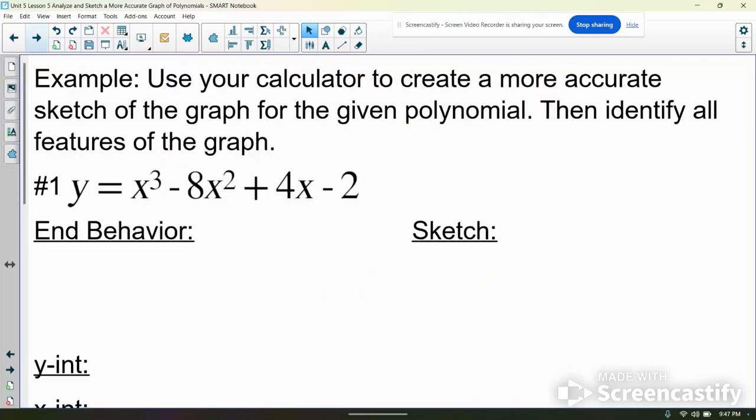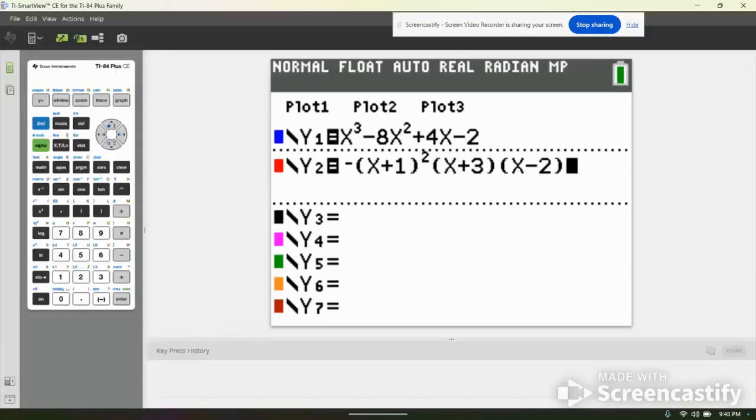Jumping into a couple of examples, I'm going to move over to my calculator for a second so that we can take a look at this from a calculator's perspective. So right now I have both of my examples in here.